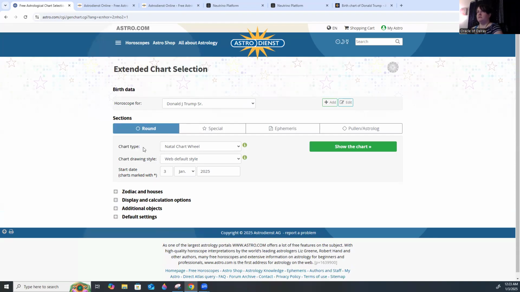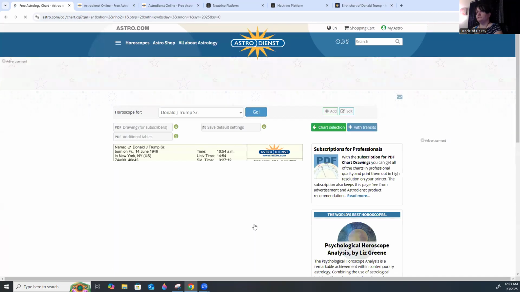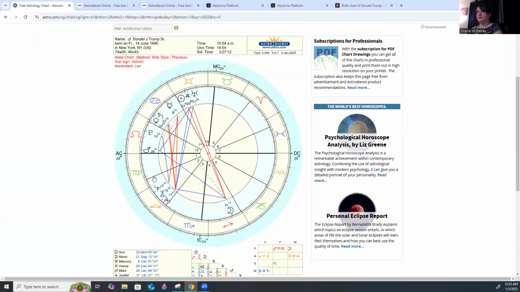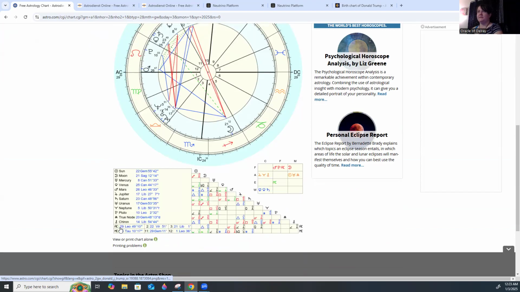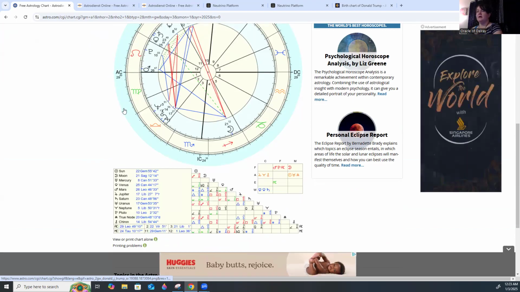and then this is showing you what kind of chart you're creating, right? So I want a natal chart wheel with all the defaults, right? Show the charts. So we can see he has 29 degrees Leo rising, right? You have ascendant. So the ascendant and rising sign are the same thing.